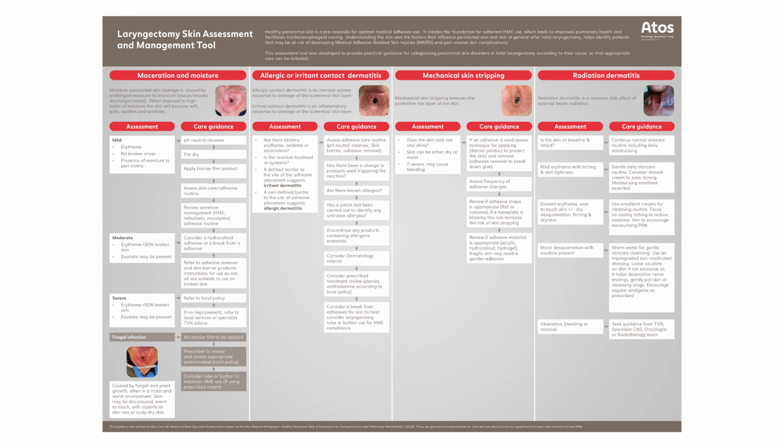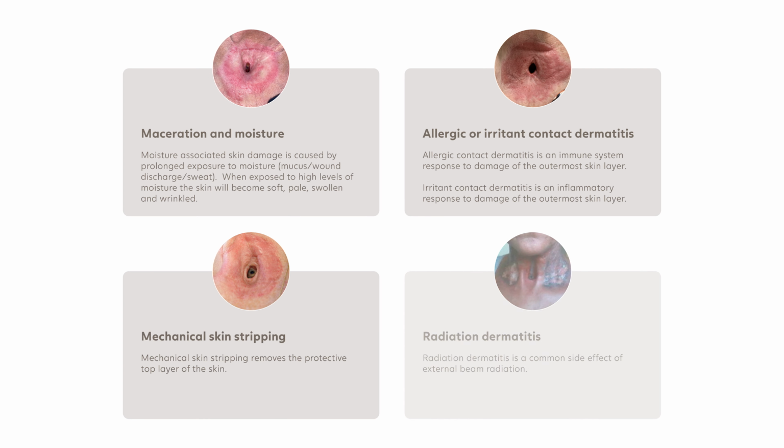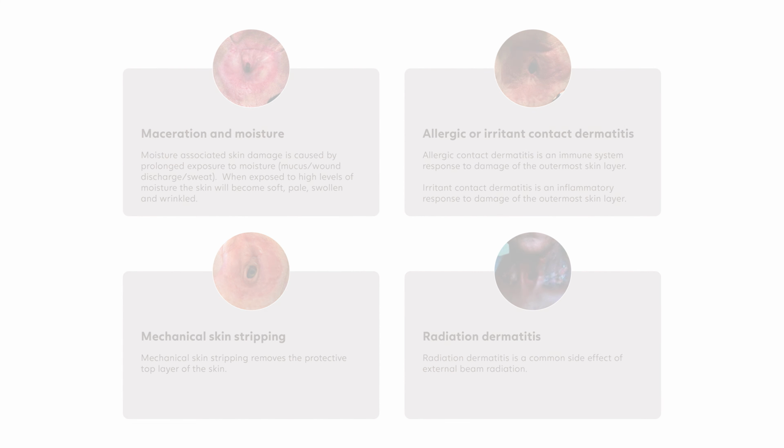Within the tool, you will find that there are 4 main skin health conditions that we encounter in practice. Each skin health condition is accompanied by a definition as well as an image. Do keep in mind that these images are just examples, and presentation can vary due to factors such as age, general skin condition, as well as ethnicity.